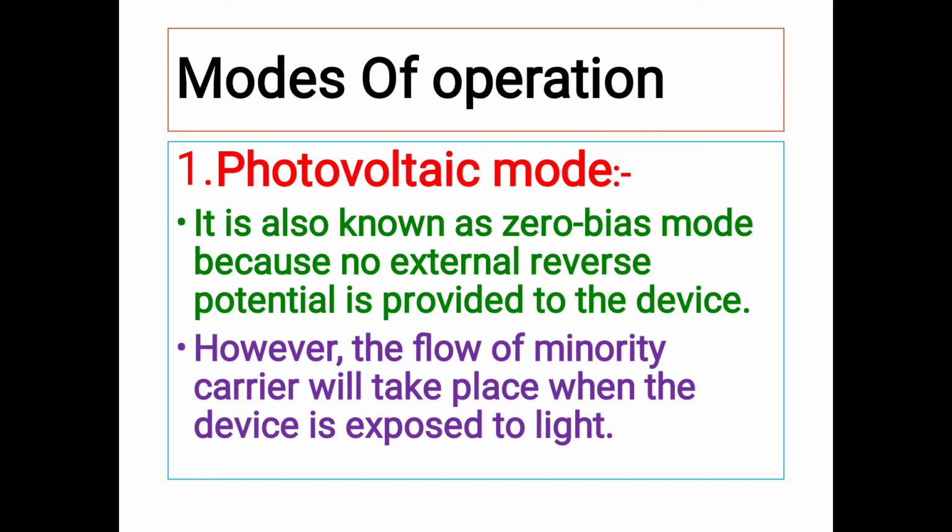Now we will see the different modes of operation of the photodiode. The first one is the photovoltaic mode. It is also known as the zero bias mode because no external potential is applied. It means that in the photovoltaic mode, the photodiode is either short circuited or open circuited, so we are not applying any external reverse potential.